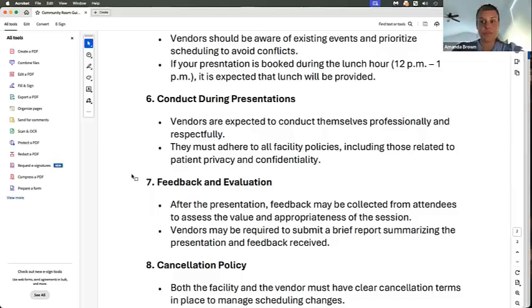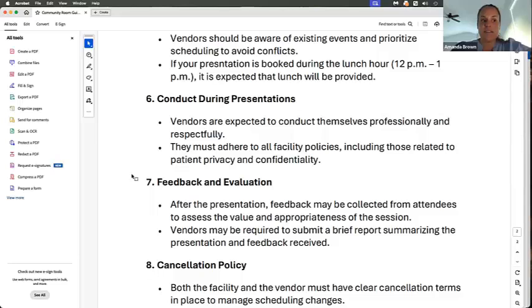Okay. And then number 6 is conduct during presentations. Yep. So, it's pretty straightforward. Vendors are expected to conduct themselves professionally and respectfully, and adhere to all facility policies, including those related to patient privacy and confidentiality. And when I say facility policies, I mean no smoking, no tobacco use, things like that.